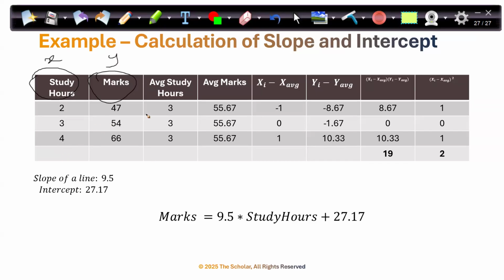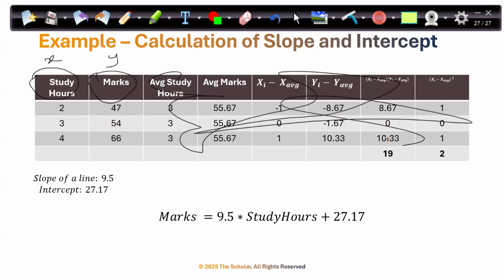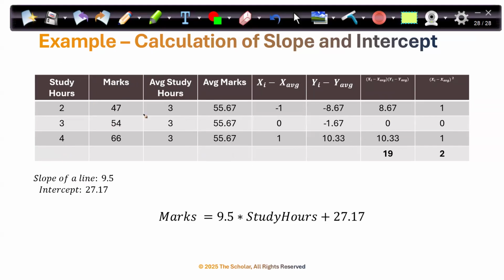So I have this data with me. Ignore all these things for now, right? Only this information is what you have. X and Y. How many hours you are studying and how many marks you got. You are teaching your learners for last many years. So this information is handy with you.